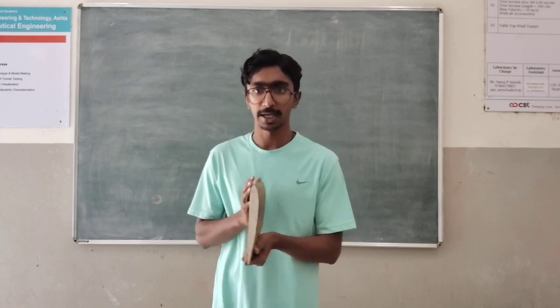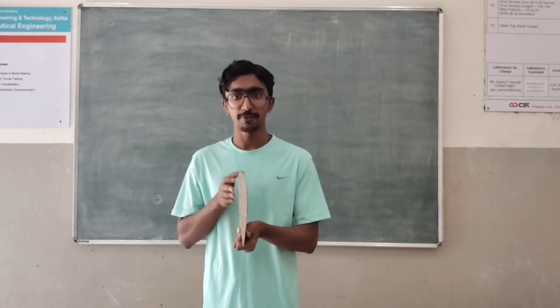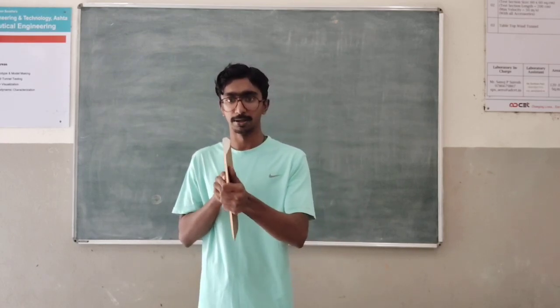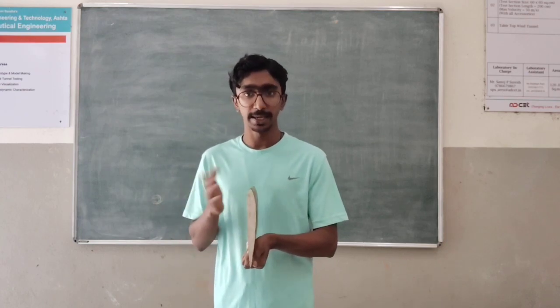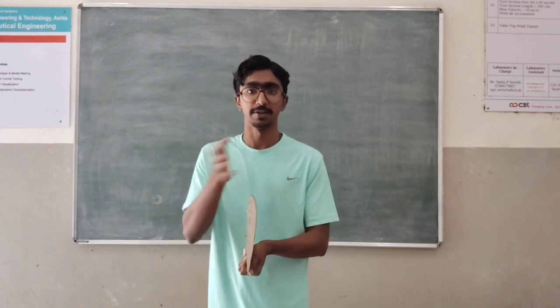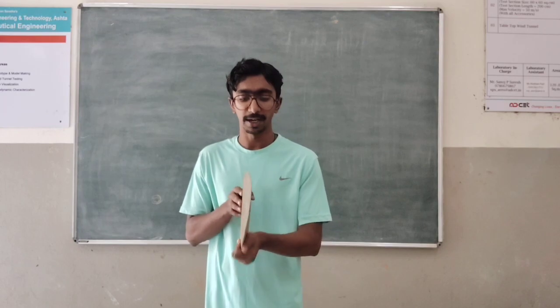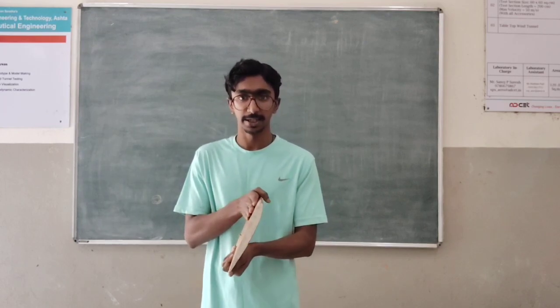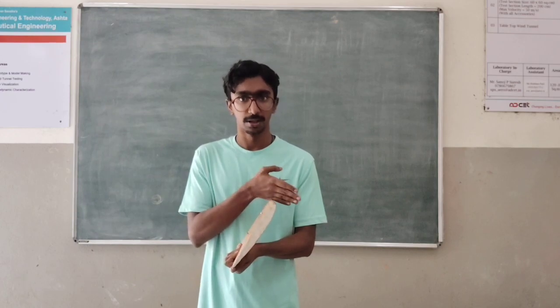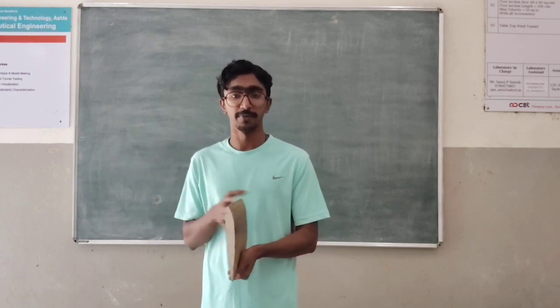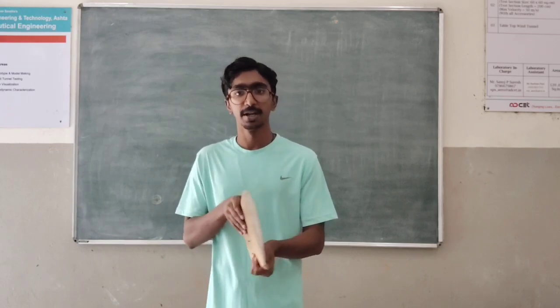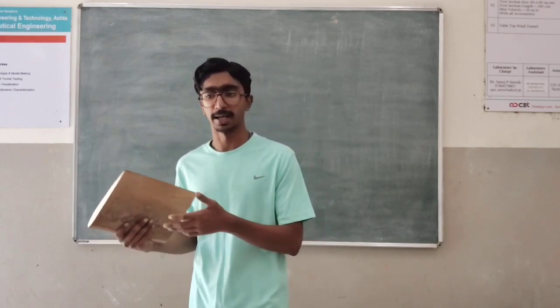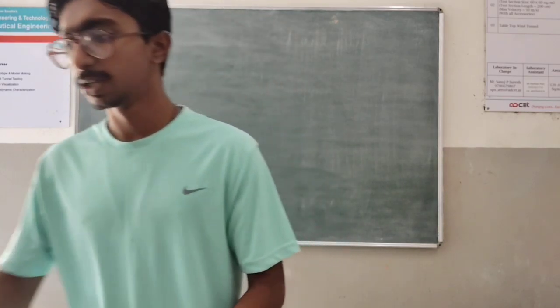If I want to go in some direction, if I go to the right, I will deflect this rudder. If I'm going to the left direction, I will move it to the left. If I'm going to the right, I will move it to the right. So basically these are the rudders.